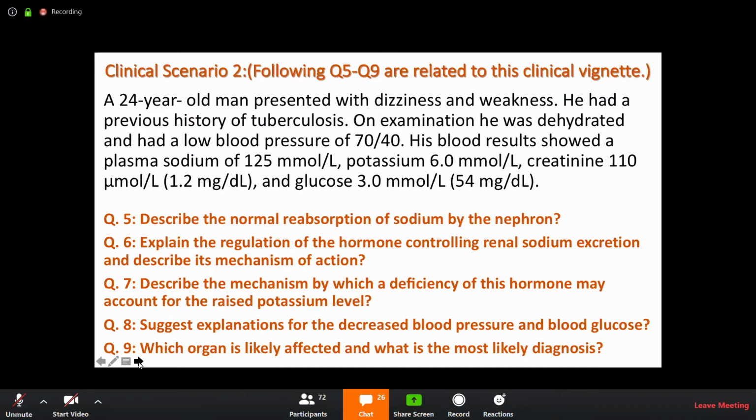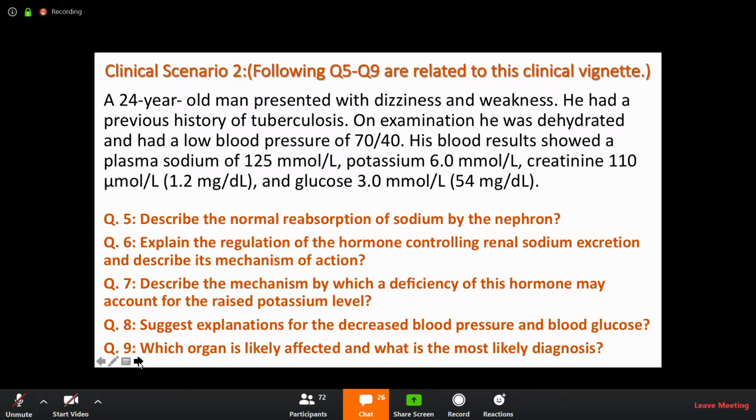But remember, the thick ascending limb is impermeable to water. It means only sodium is reabsorbed, so the amount of sodium in the lumen will decrease, and the osmolarity of the fluid in the lumen will also decrease below the plasma levels.